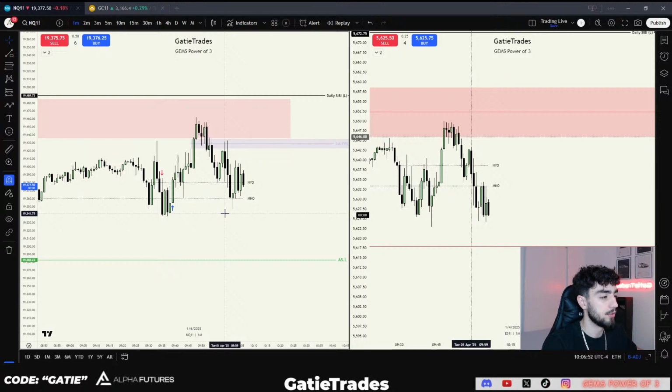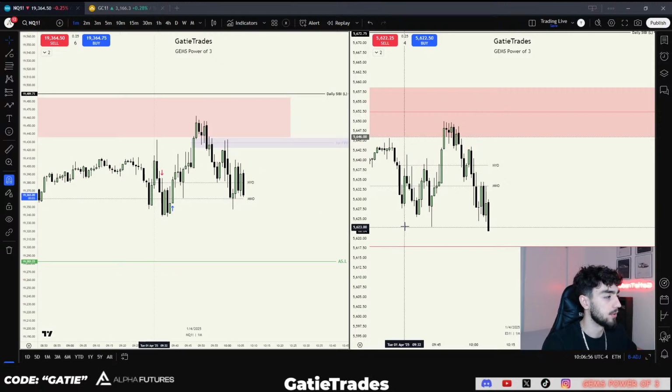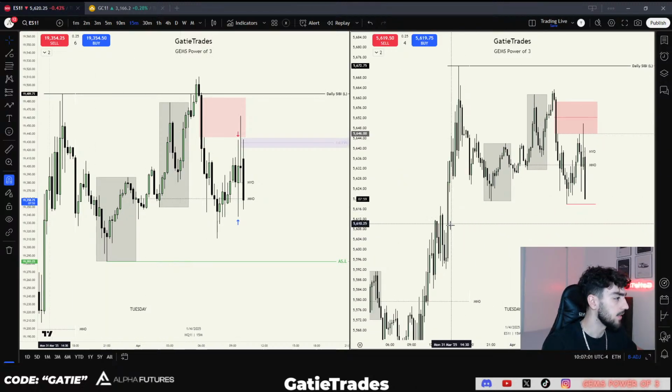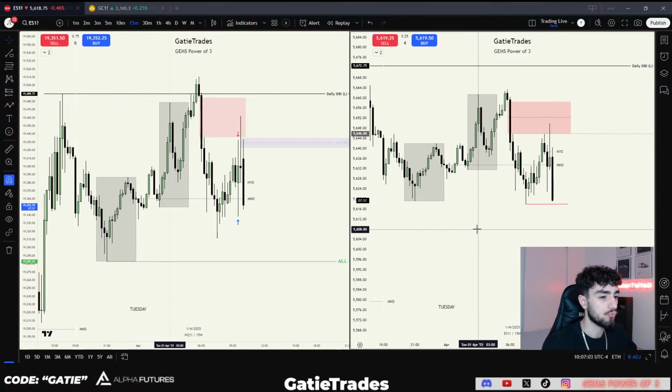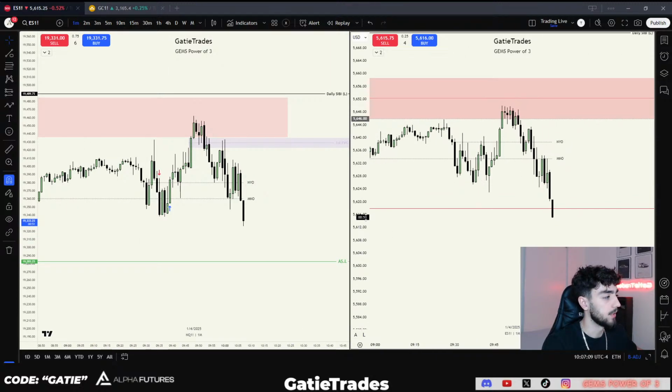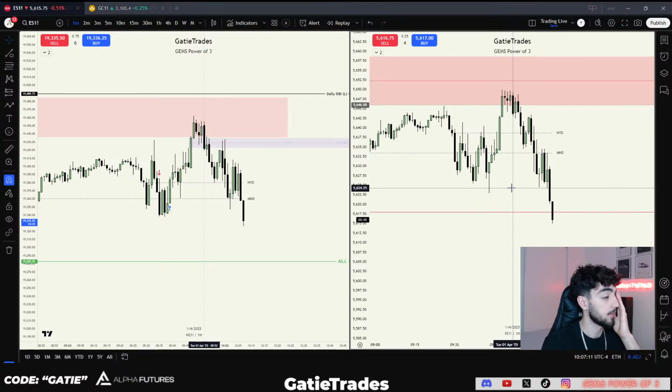Pretty uneventful day. Usually Tuesday on NFP week is pretty good, and we had double red folders. ES is almost at our TP, so we had the right idea. So there's the low on ES that we were looking for earlier.